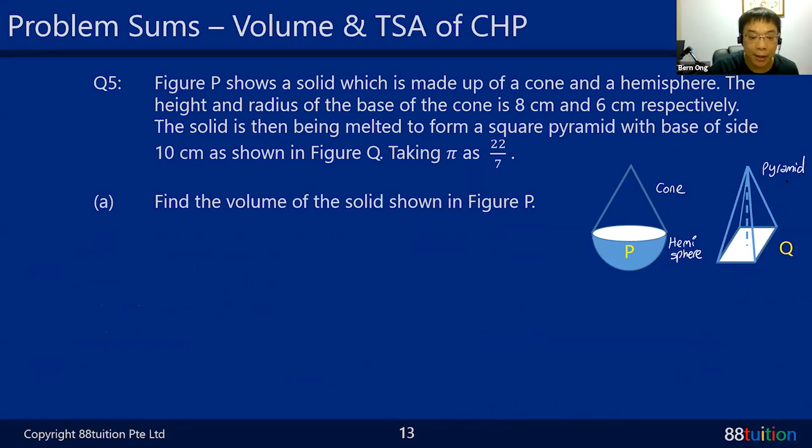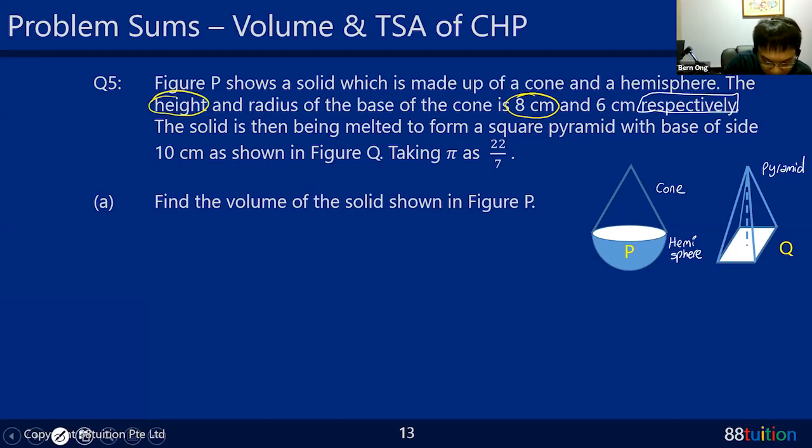So, figure P shows a solid P, the one with the cone and the hemisphere, made up of a cone and hemi. The height and radius of the base are 8 cm and 6 cm, respectively. Do you know what respectively means? Must know this word. It means that the first number, 8 cm, represents the first item, which is the height.